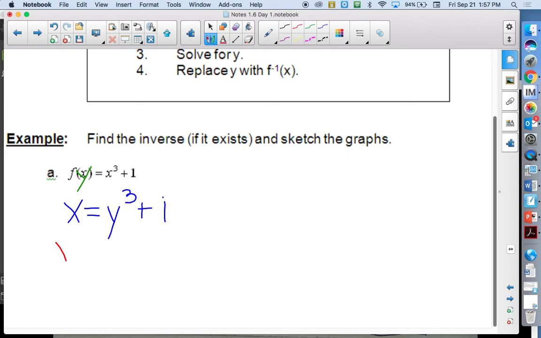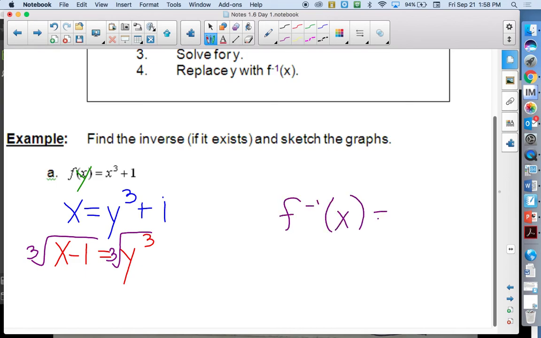So I have to subtract the 1 to the other side. We got to get rid of that power of 3, which means the opposite is the cube root. If it was y squared, you would take the square root. And then write it in f negative 1 form to show you found the inverse. So f negative 1 of x equals the cube root of x minus 1.